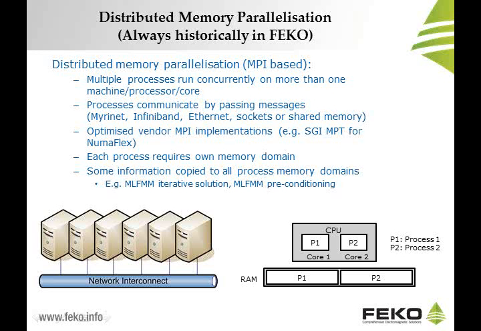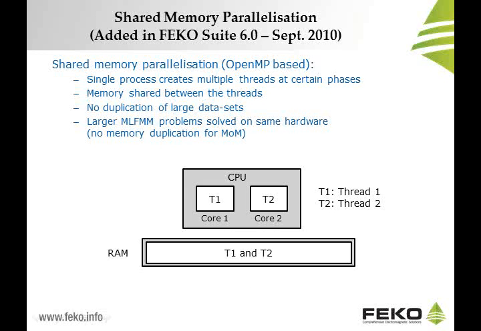To avoid that, at least in environments where one can indeed access the memory from different processes or threads, we added about 3.5 years ago in FEKO Suite 6.0 our shared memory parallelization based on OpenMP for certain algorithms.